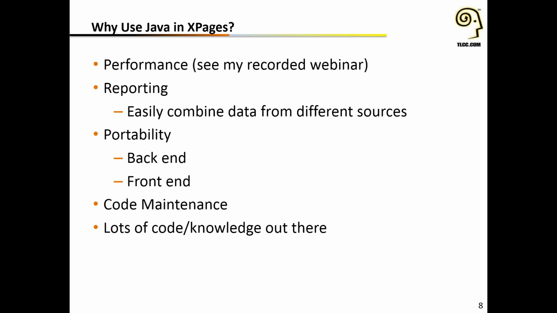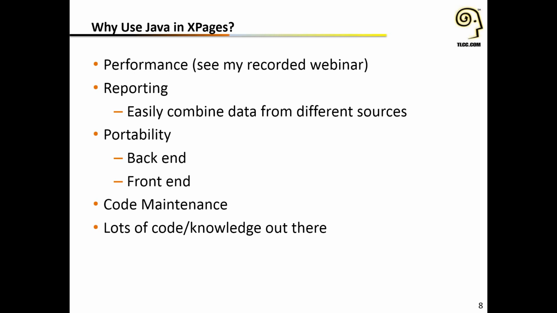Code maintenance is another benefit. If all your logic is in your Java code, everything's in one place. If you're just writing an XPages application in server-side JavaScript, you're going to have server-side JavaScript all over the place. You're going to be sticking logic into your rendered formulas and repeat formulas and everywhere else.